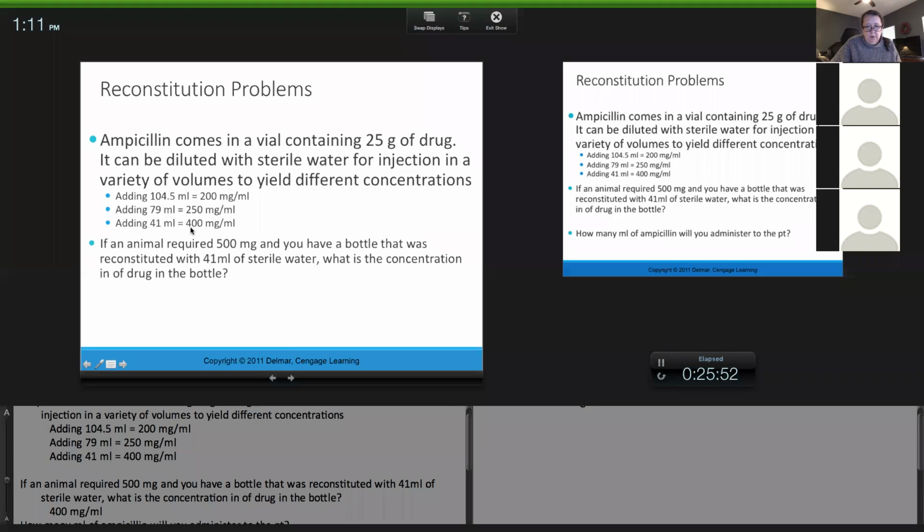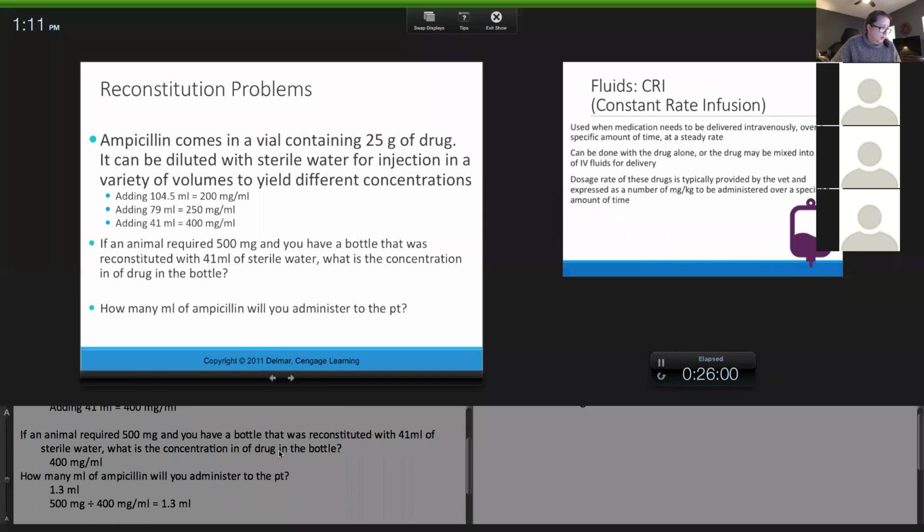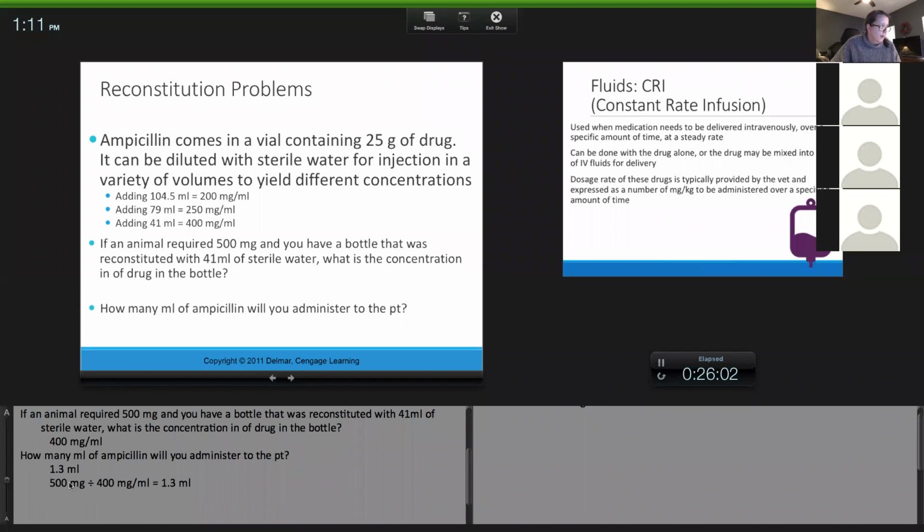And Brittany, this might go to what you were asking earlier, because you were like, how much ampicillin is my patient going to get? If I look below here, my patient needs 500 milligrams. I calculated that based on my veterinarian's directions. The drug is 400 mg per mil, so every mil contains 400 milligrams.